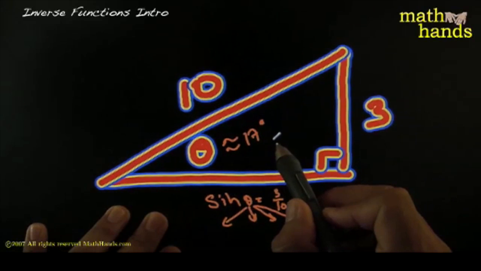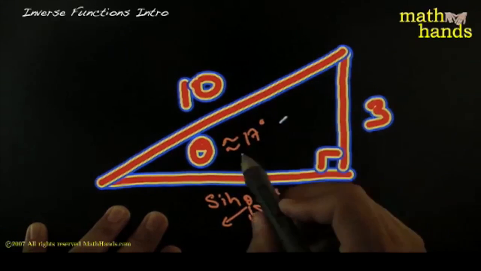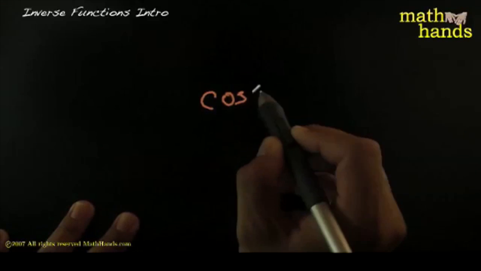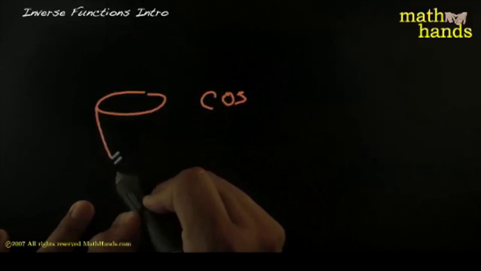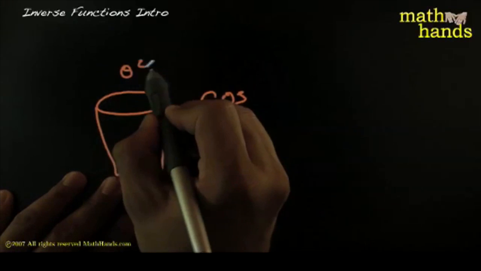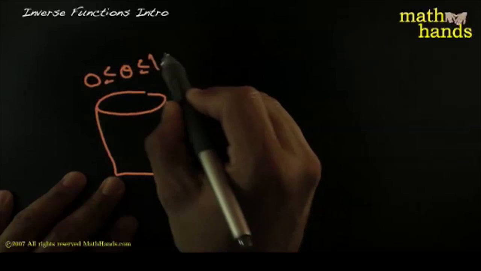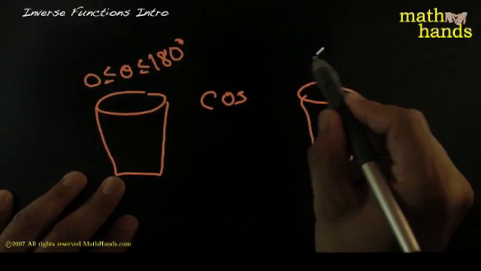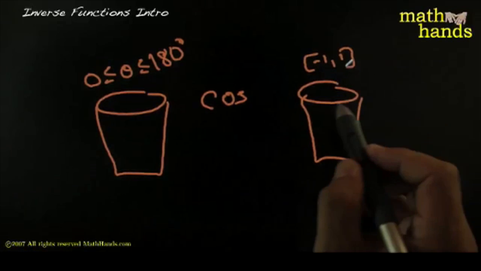Alright, anyways, that's the sine inverse function, and similarly the other functions have some restrictions too. Cosine, for example, the cosine function can usually take any sort of angle. If we restrict it to angles that are between 0 and 180 degrees, the codomain is -1 to 1.